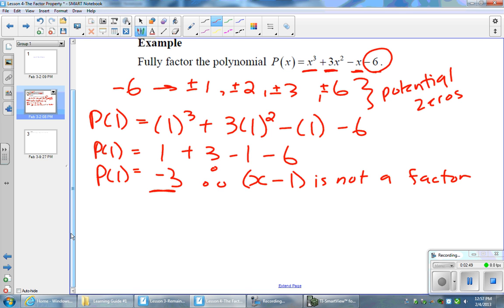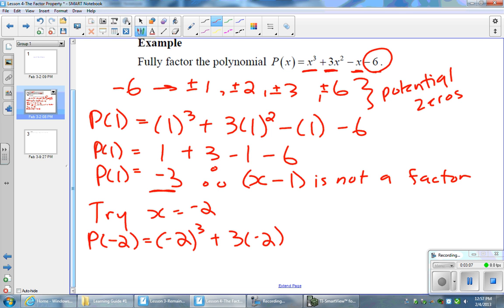I'm going to choose, let's try x is equal to -2 to see if this one works. So wherever you see an x, you're going to plug in a -2. So p of -2 is -2 cubed plus 3 times -2 squared minus a -2, so be really careful with the signs, minus 6.